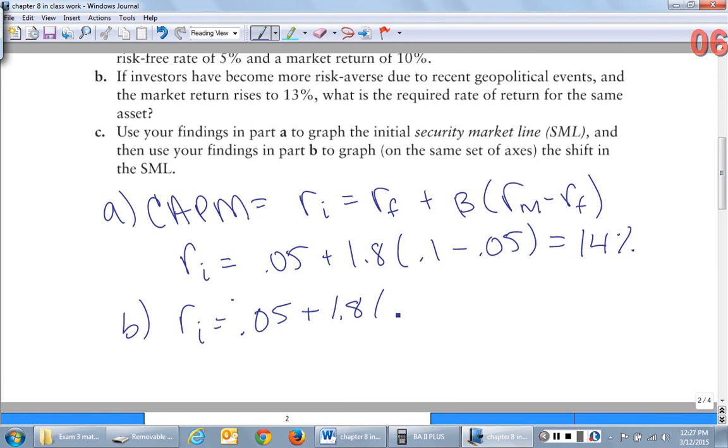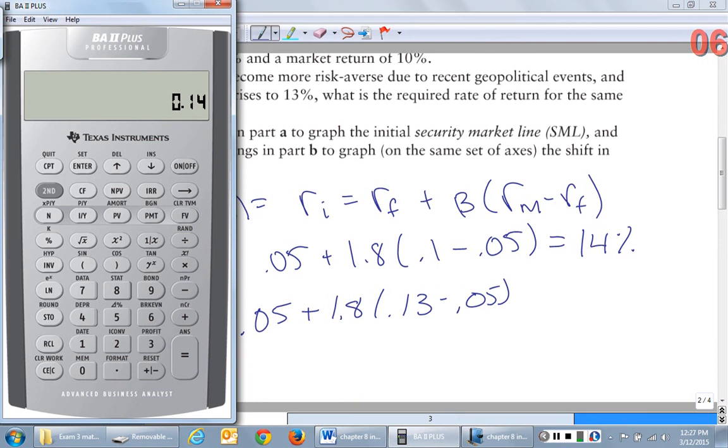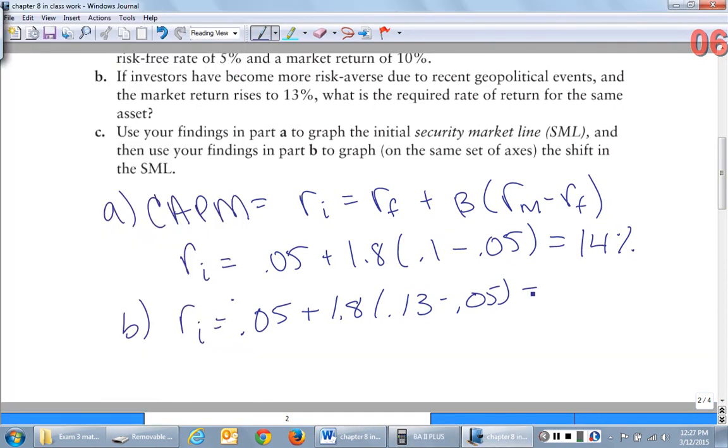Beta has not changed. The only thing that's changed is the market return. So we can plug this into our calculator. We have 1.8 times 8% plus 5%. So our new required return is 19.4%.